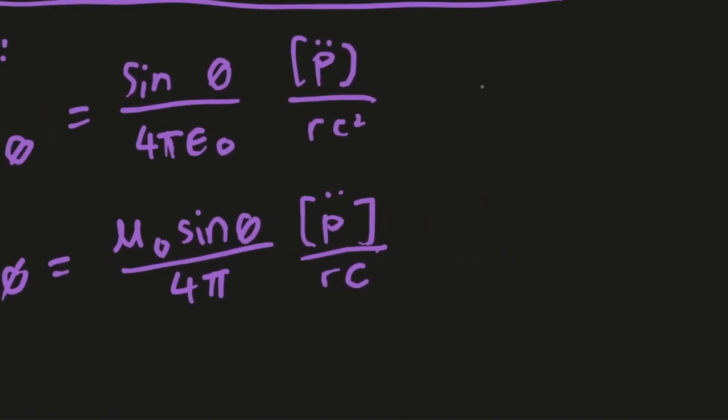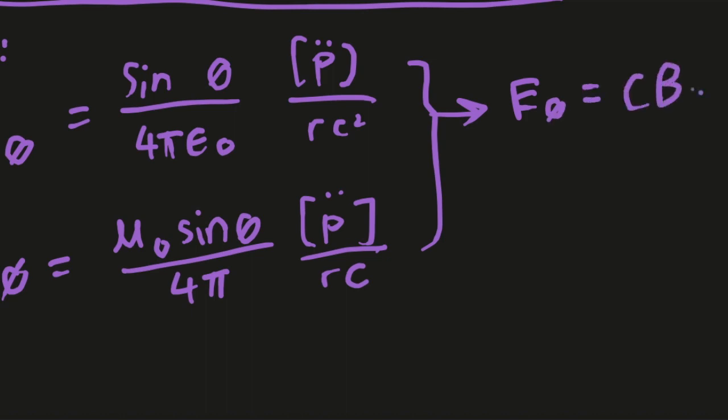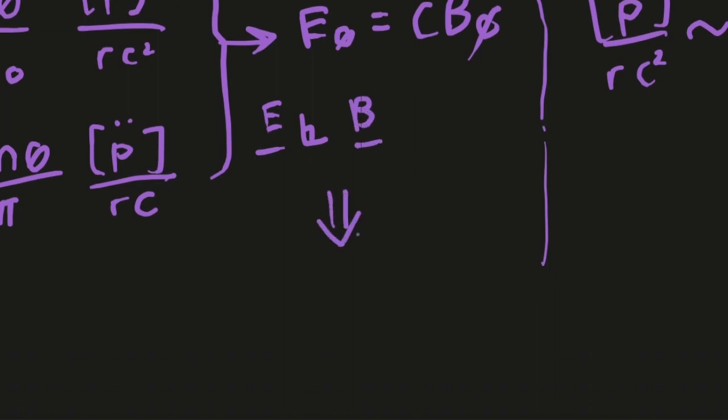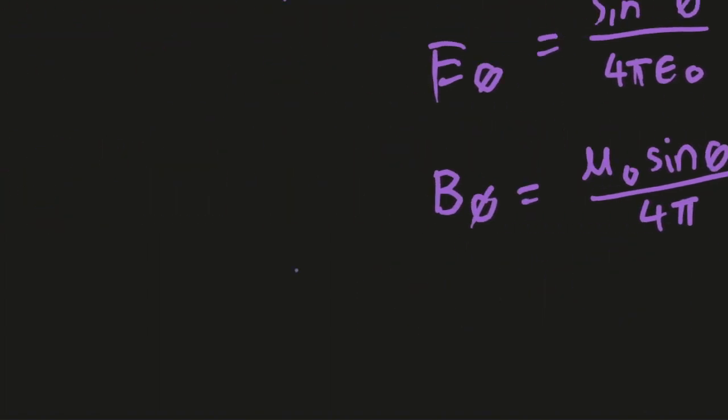Right. And so what we can note from these two is that they're related by a factor of c, as with EM waves. And also the E field and the B field are mutually perpendicular, which tells us that the Poynting vector is just going to be radially outwards, which is also nice.